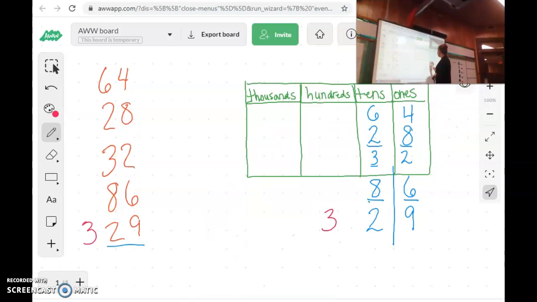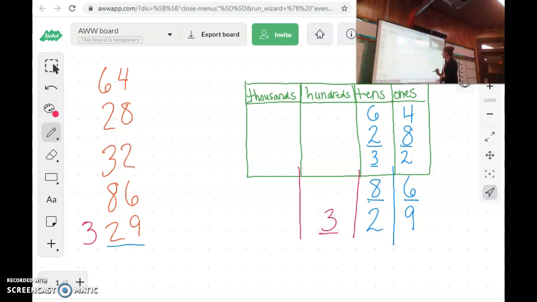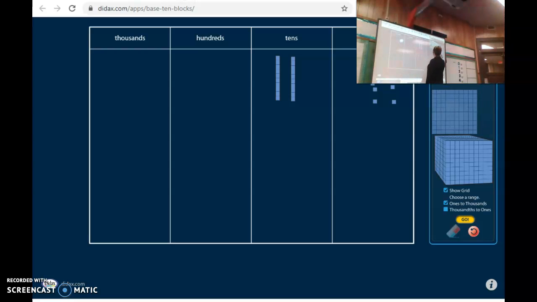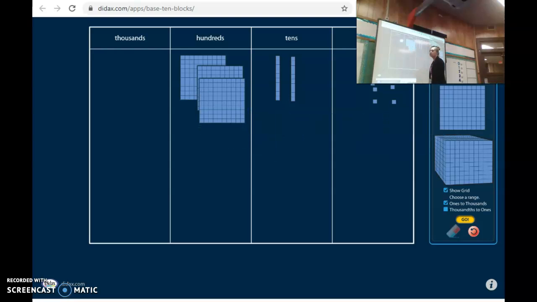So now the 3 goes in the 100 spot. So I have the number 29 still, but now I need some hundreds blocks, and I need 3. So I'm going to put 3 of my flats. 1, 2, 3. So now we have 329. Okay? Let's go back.